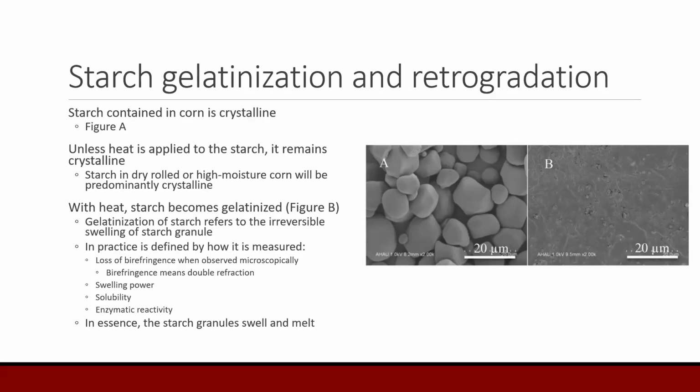These are starch granules from corn viewed under an electron microscope. You can see how crystalline these balls of starch are.